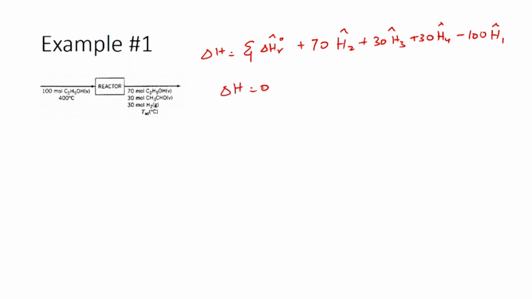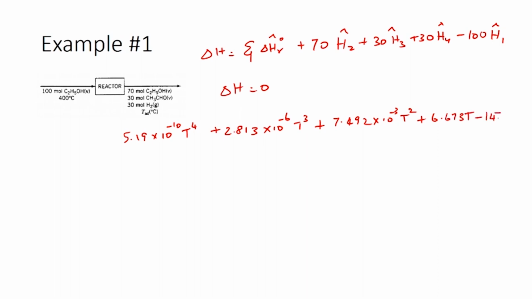So, what you end up with is a polynomial equation which would be 5.19 times 10 power minus 10 T power 4 plus 2.813 times 10 power minus 6 T cube plus 7.492 times 10 power minus 3 T squared plus 6.673 times T minus 1477 equals 0. So, this would be the polynomial you would have to solve to get the value for T.